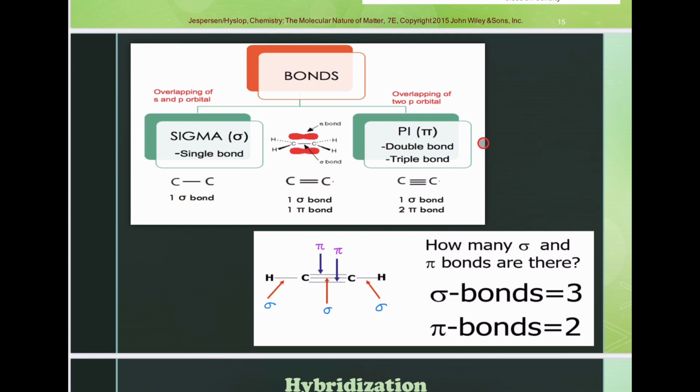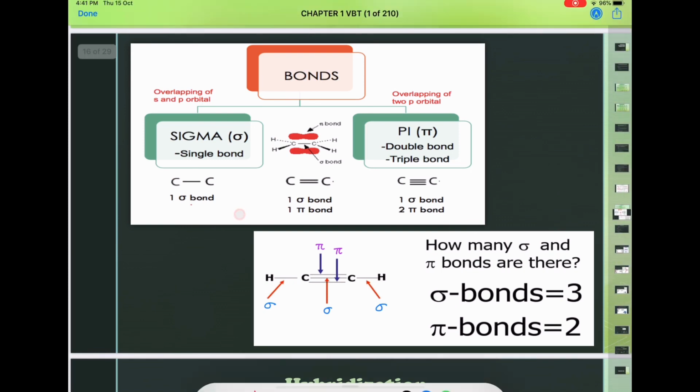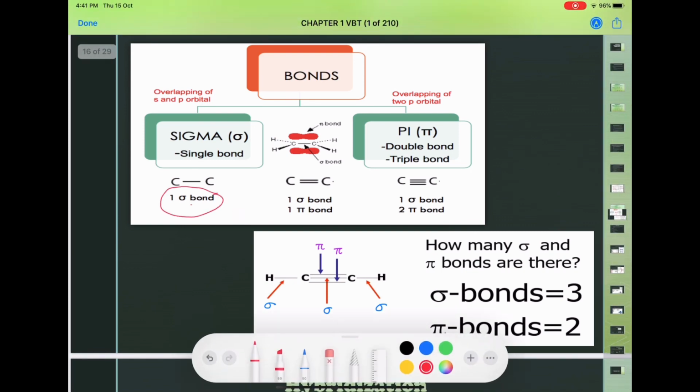Look at the carbon to carbon, is the one sigma bond, and for the double bond, so double meaning they have two, one sigma and one pi bond. If the triple, you just remember 2 pi, and you have the plus 1 is equal to 3 for the triple bond.